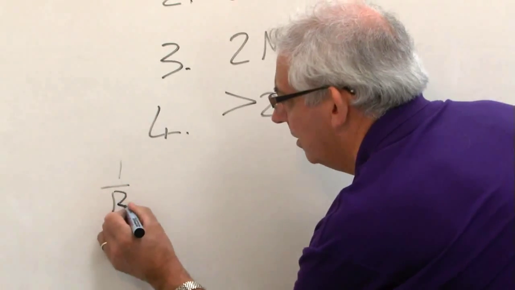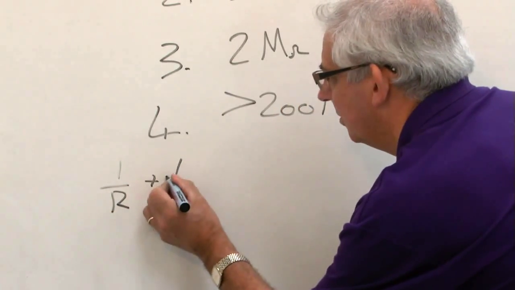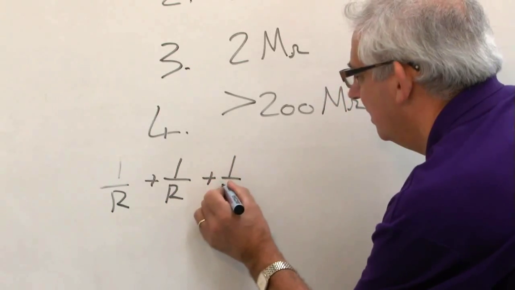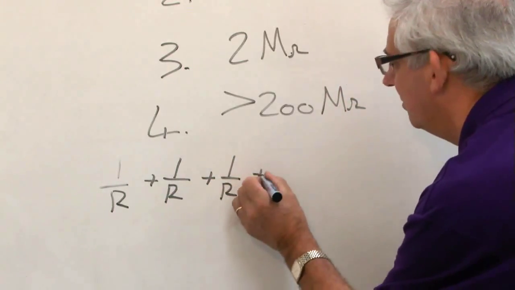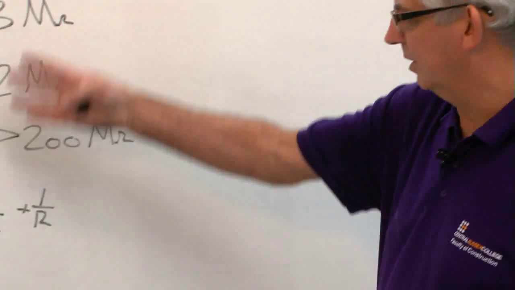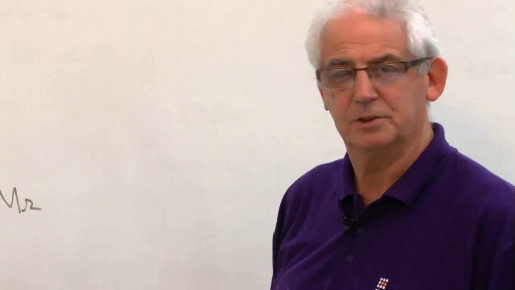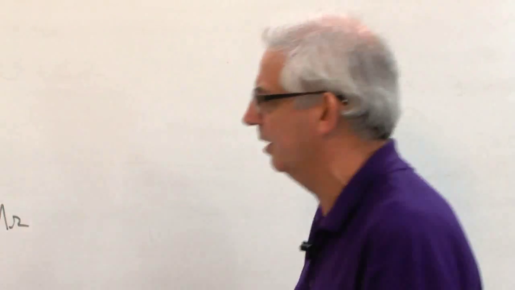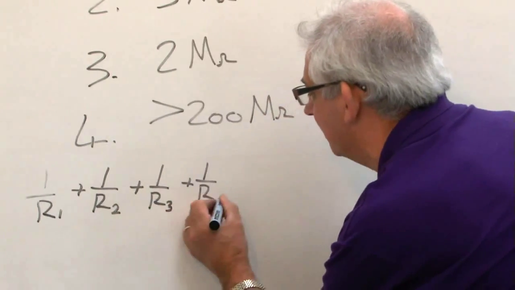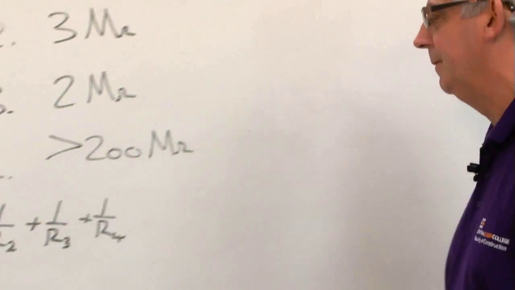1 over R plus 1 over R plus 1 over R plus 1 over R. Now, because we've only got 4 circuits, we've not too much of a problem, but if you want to make sure you get them all, you can number these R1, R2, R3, R4.